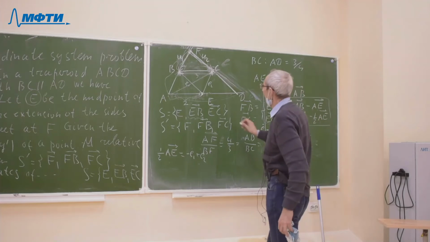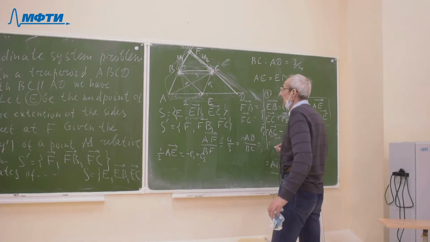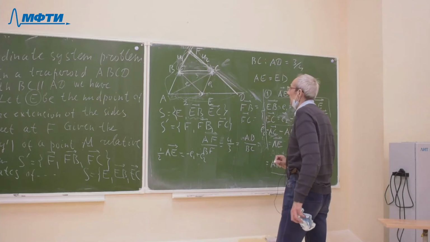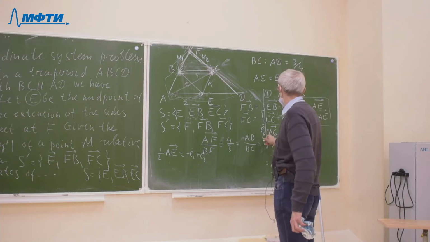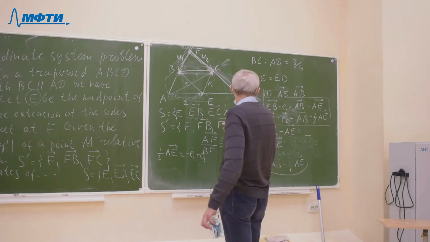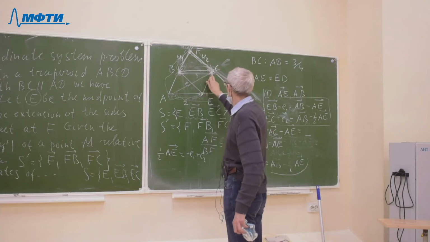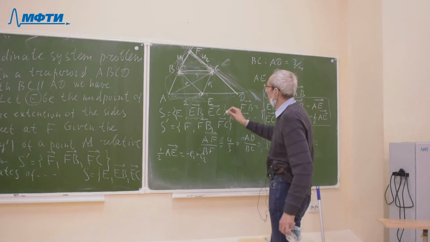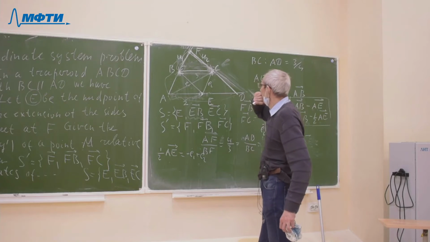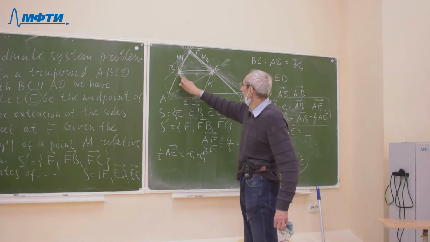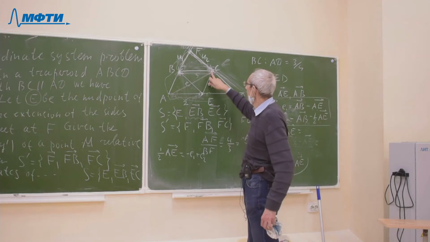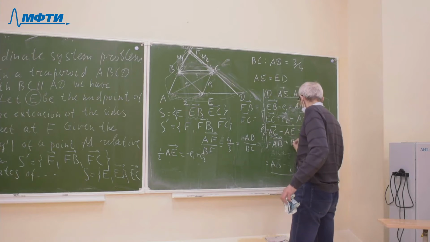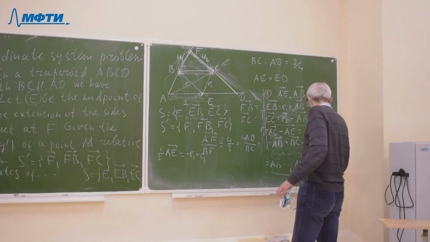Yes. AC is the sum AE plus EC. E2 is AC minus AE. AC is AB plus BC. AB plus BC minus AE.